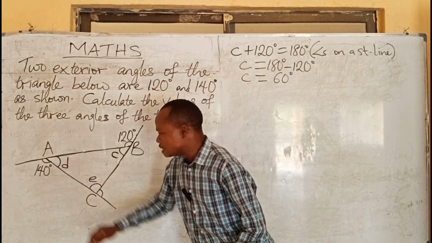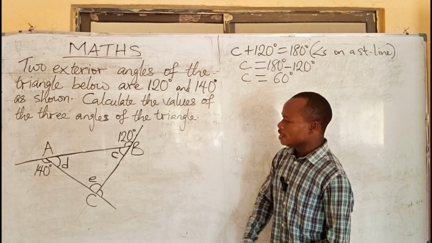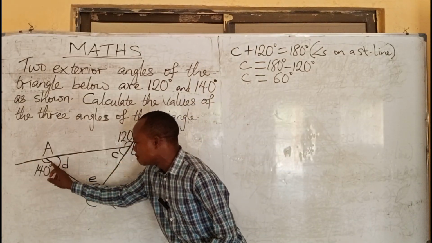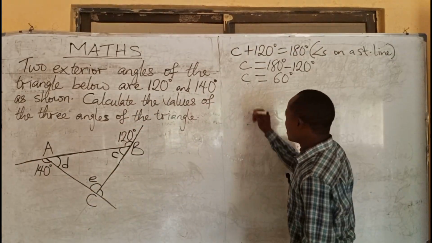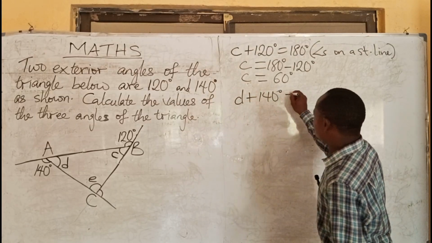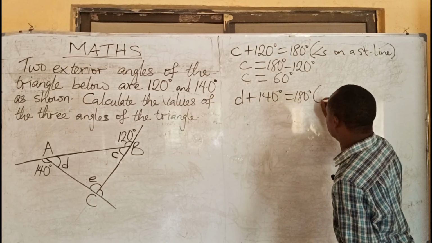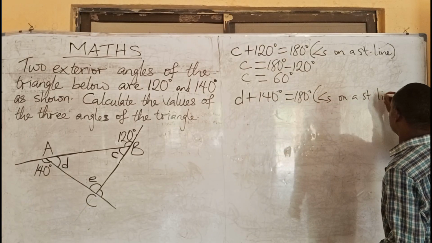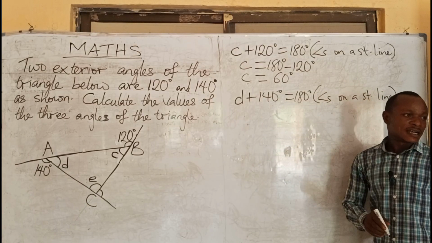The next one is angle D. Again, we have a straight line here. So these are angles meeting on a straight line. That means D plus 140 degrees is also 180 degrees, angles on a straight line. Now, we collect our like terms.